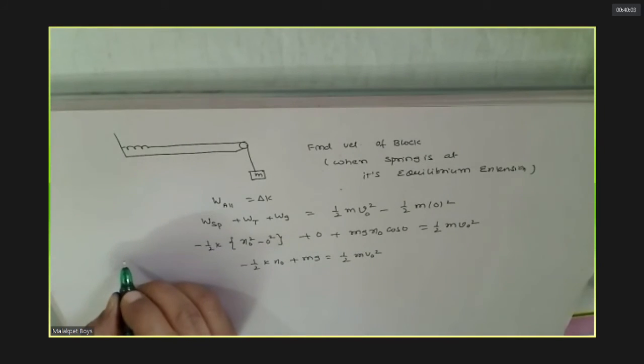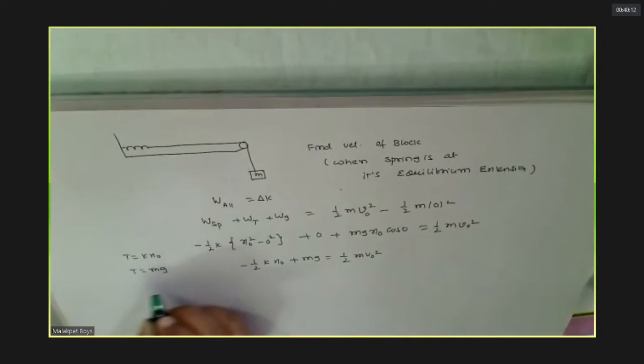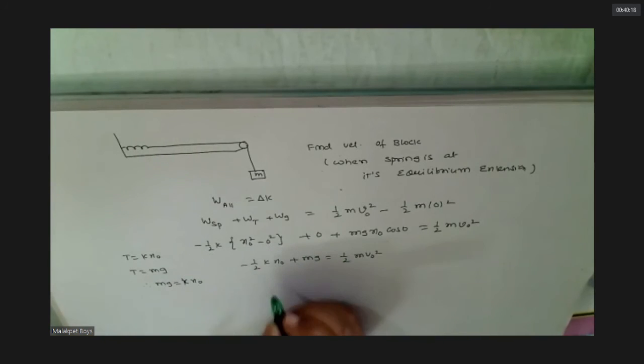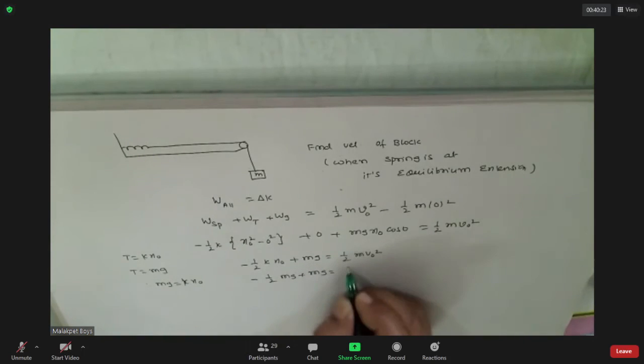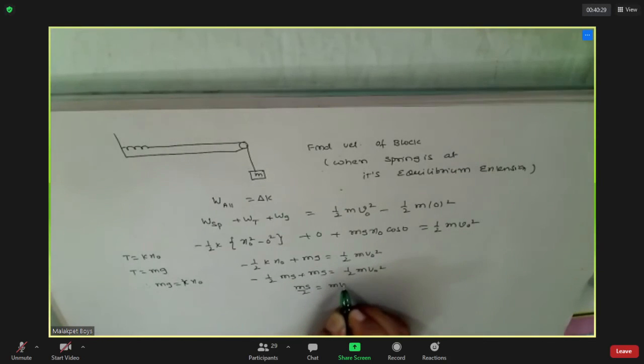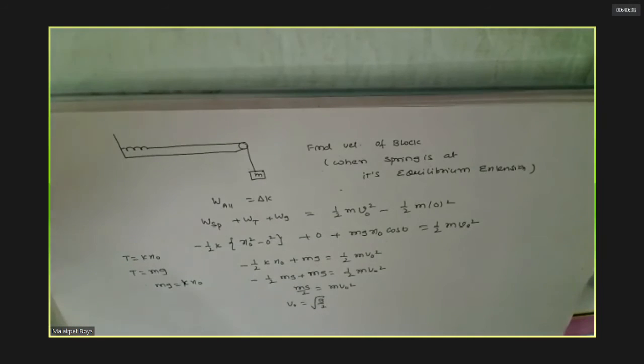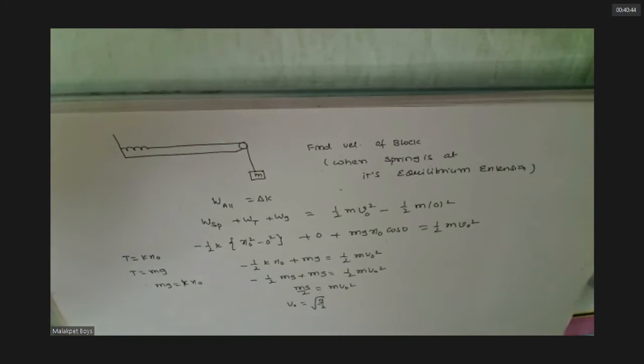Now can you tell at equilibrium what you have? At equilibrium, acceleration is zero and T equals mg. This is what we have seen. So this x naught is nothing but mg by k. Agreed?